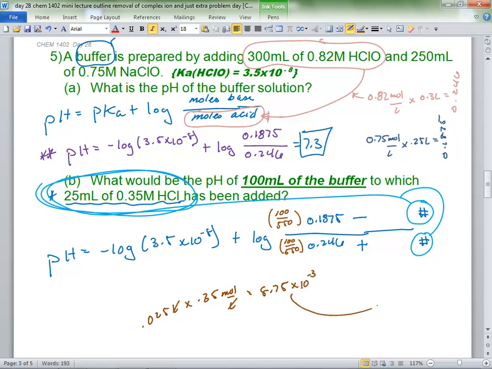That's the number we have to put in right here. There's a lot of places you can mess up. And it's the log of this whole big thing. You know you did it right if you get an answer around 7 point something, a little bit less than 7.3.